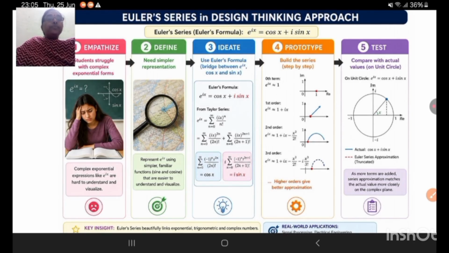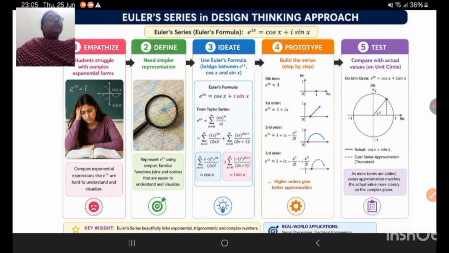Once the formula is ideated, we go for the prototype. Prototype means building the series step by step: first order, second order, third order, fourth order. The final stage is test, comparing with the actual values.